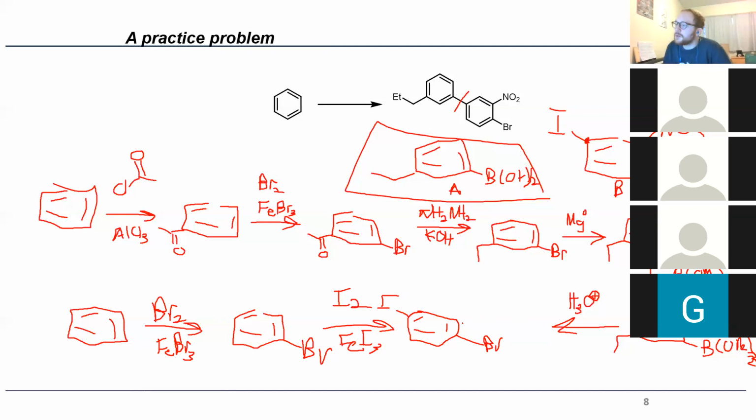Oh, well, I guess it doesn't. And then you nitrate last. Sorry, when I was thinking about this, I was thinking that this nitration might be a little tricky to get selectivity over this position versus this position.